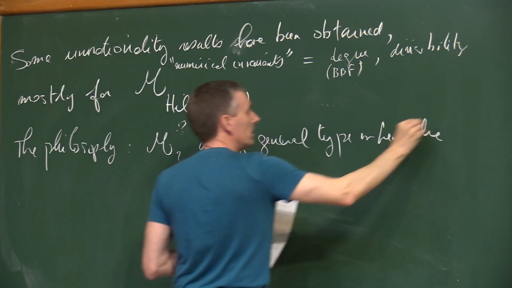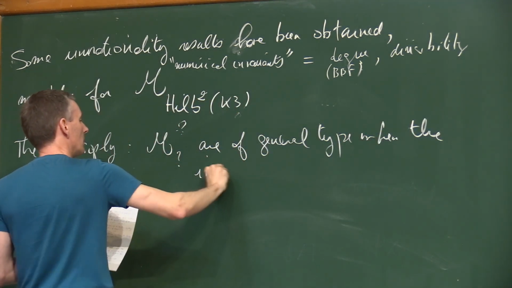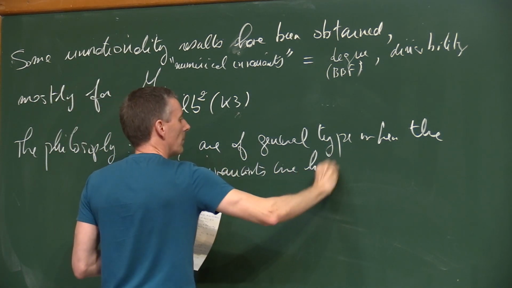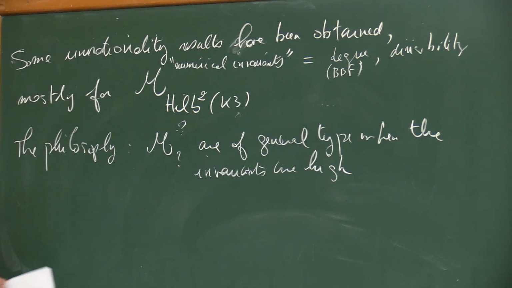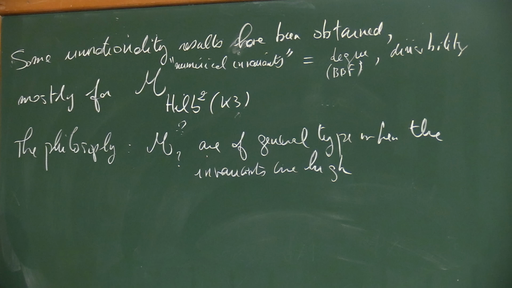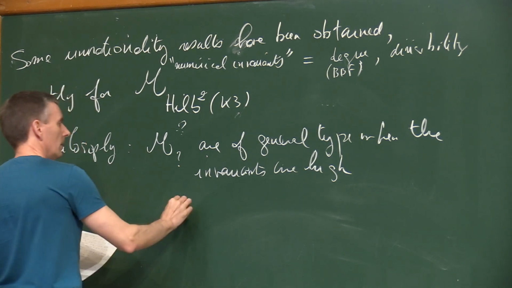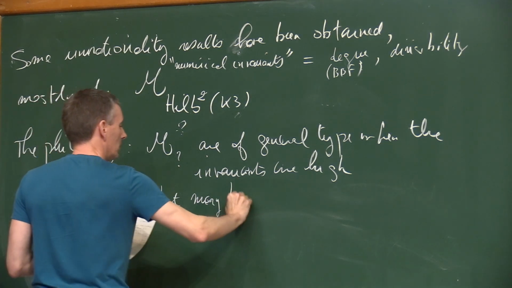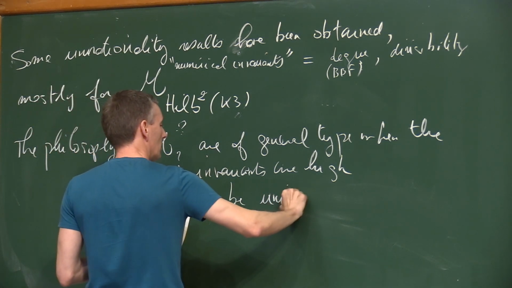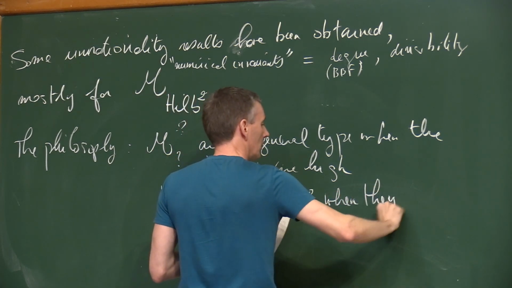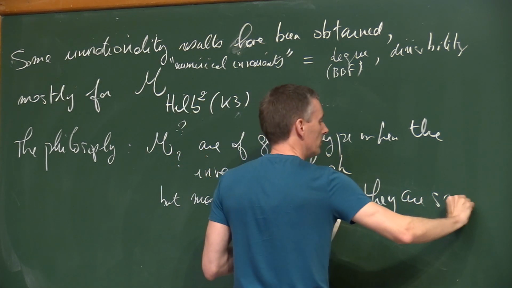But when they are small enough, these moduli spaces might be unirational.